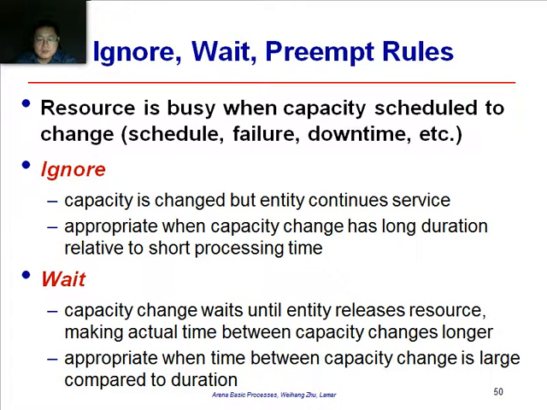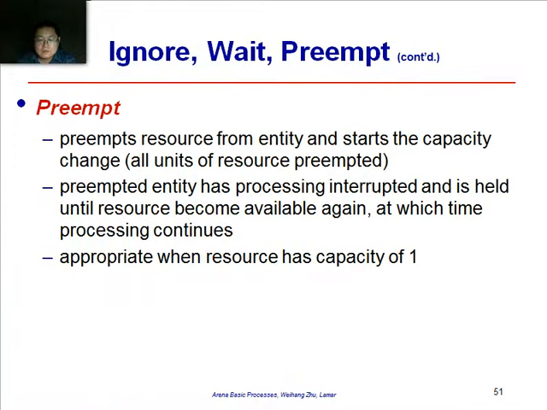We noticed that both schedule and failure have rules: ignore, wait, and preempt. This slide provides a description of ignore and wait. This slide provides a description of preempt. Let's go to the next slide to understand with illustration.